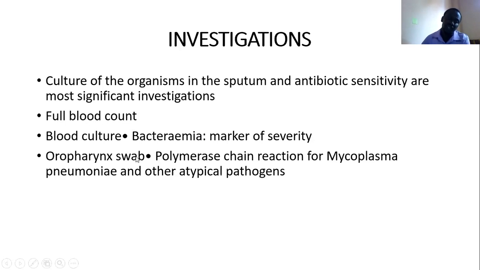You can do an oropharynx swab, and on the swab you're going to do polymerase chain reaction, the PCR, and check the DNA or rather the RNA for mycoplasma pneumoniae and other atypical agents. Remember, it is very hard to culture mycoplasma.